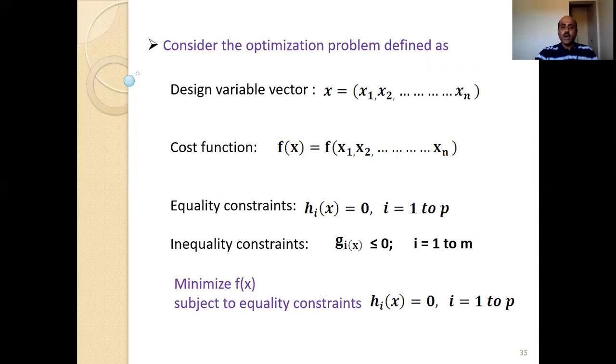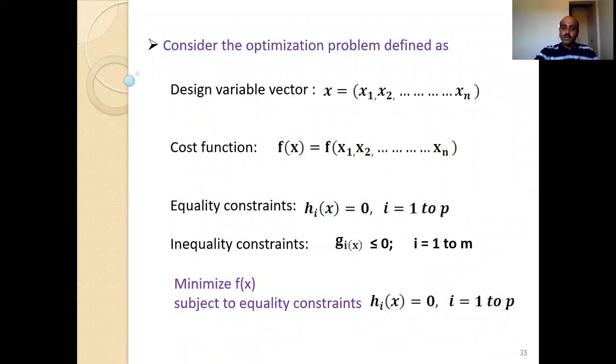Now for this generalized optimization model, we are going to add another equation, which we call the inequality constraint, the fourth one I am showing here: Gi of x less than or equal to 0, where i is equal to 1 to m. This is the one I am going to add to this generalized design optimization model.